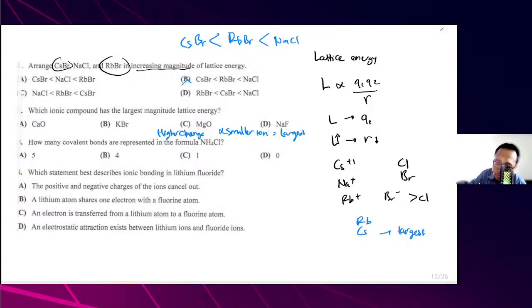Over here, Ca2 plus, K plus, Mg2 plus. Now we can eliminate the Na plus ones, so we can eliminate those.